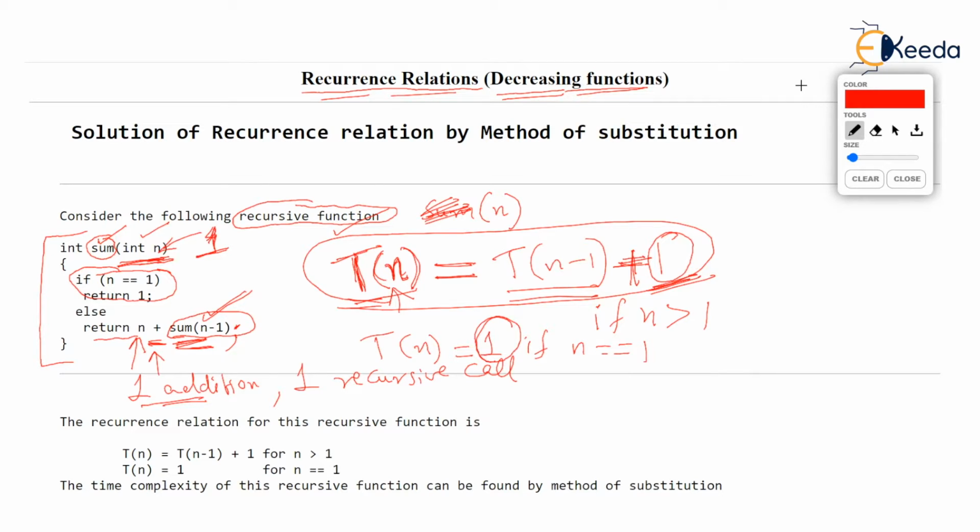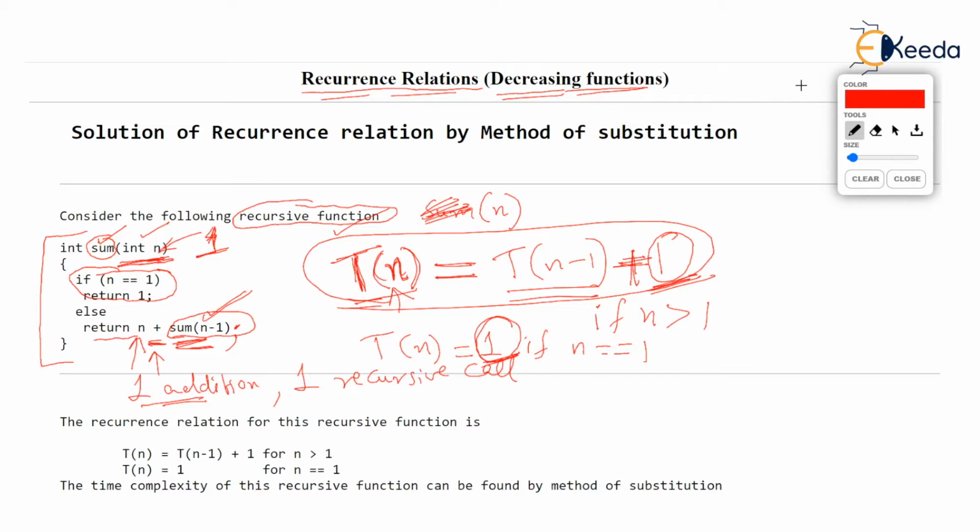See, if n is 1, then the function returns 1, isn't it? And that return statement, which is executing if n is 1, takes 1 unit of time. We are assuming that it takes 1 unit of time. Or you can say return 1 is simply one statement, isn't it? So that is why this 1 has been written over here.